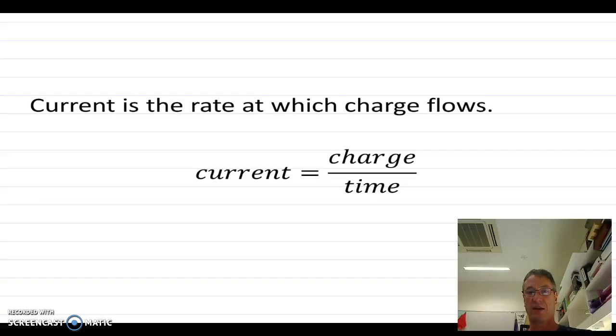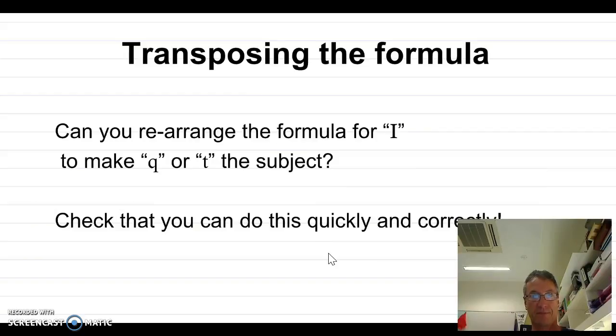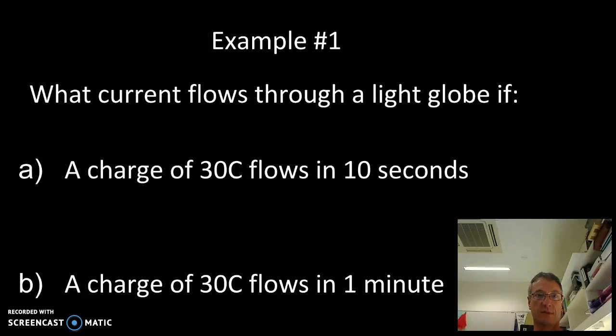So the current is the amount of charge that flows past a point in a certain time. In symbols, I equals Q over t. We can rearrange that formula to make either I, Q, or t the subject, and it's important that you know how to do that.